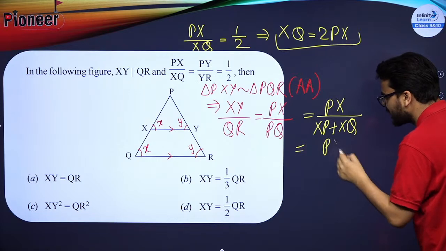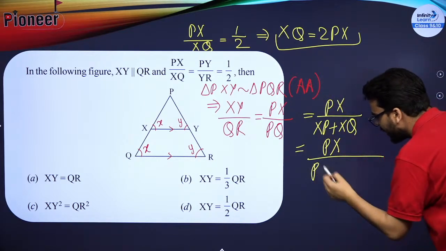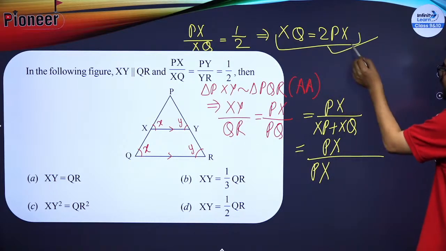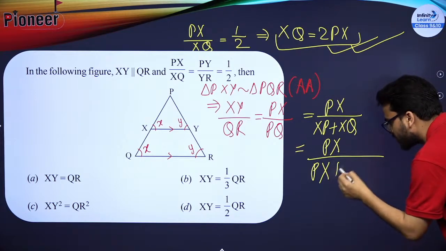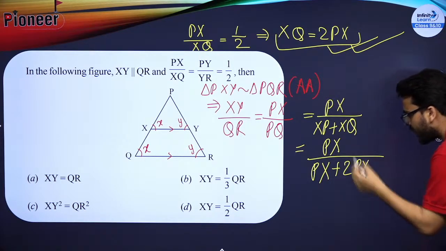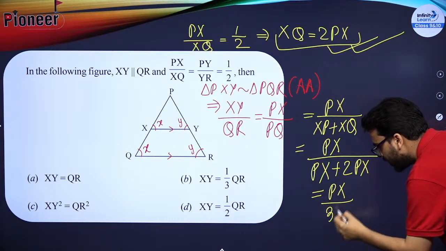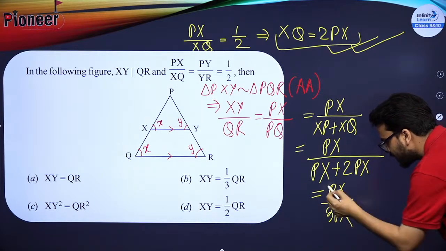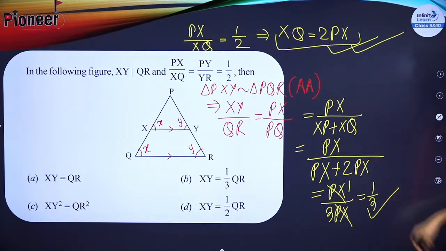So that is PX, and we have XQ equal to 2PX. I hope you understand that XQ is equal to 2PX over here. So this is 2PX. So PX upon 3PX we have got over here, and this will be cancelled out, and that is equal to 1 by 3. I hope this is clear.